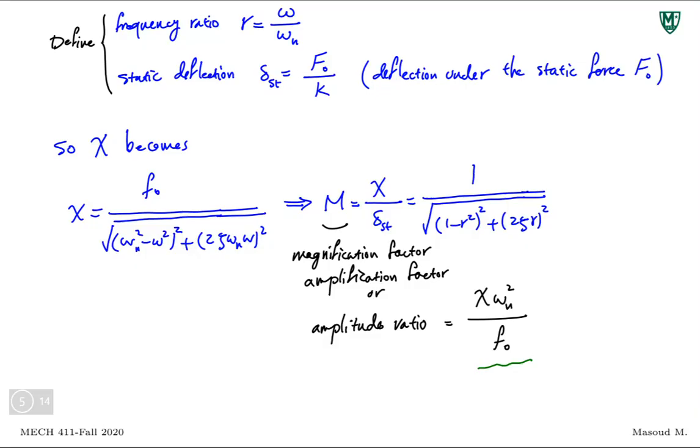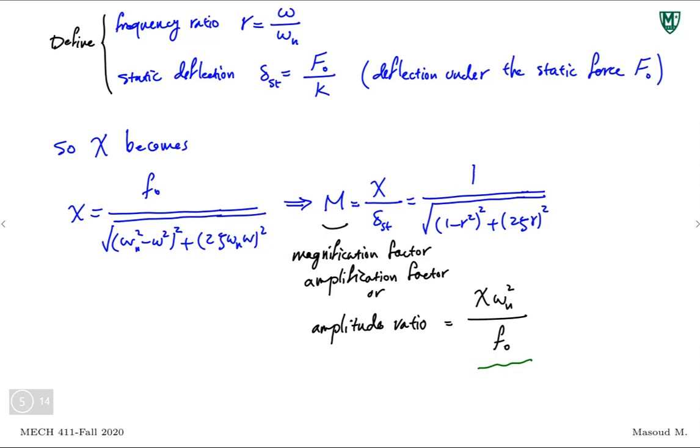So when X is maximum, M is maximum, or when M is maximum, X is maximum. We said M is pretty much a representative of X. It's just a number that has no dimension. We made it dimensionless or non-dimensional.